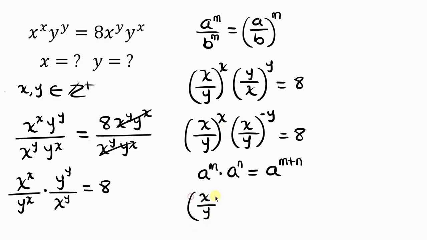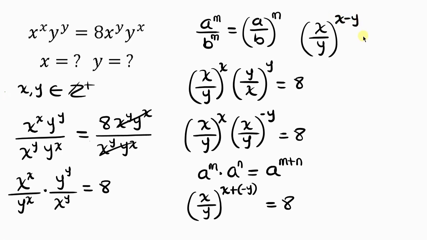I'll take one of the base, x over y, and I'll add the powers so that it becomes x plus negative y. And this is equal to 8. Now simplifying further, I'll be having x over y all raised to the, now notice that plus times minus gives minus, so I have x minus y, and this is equal to 8.